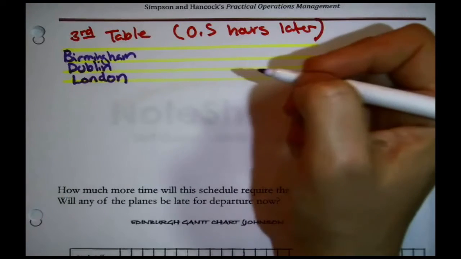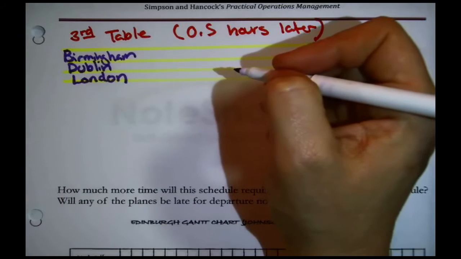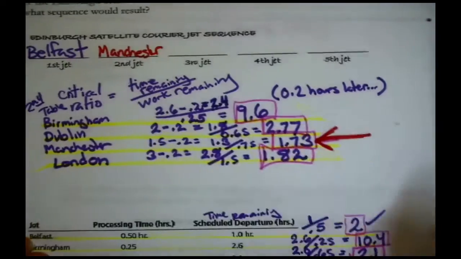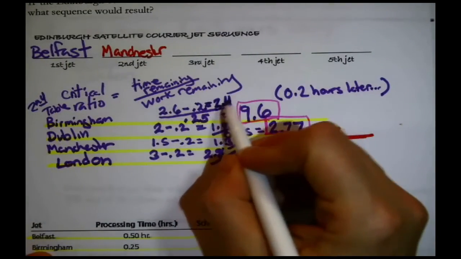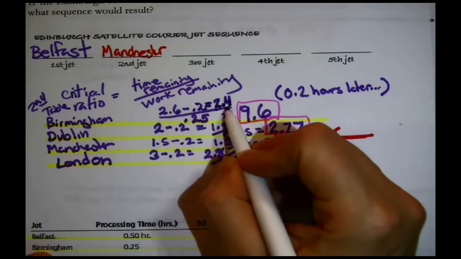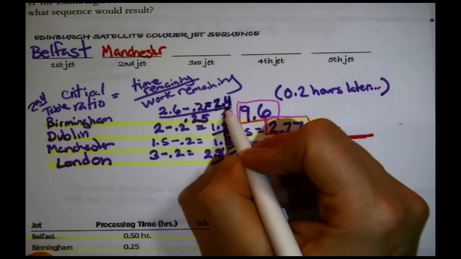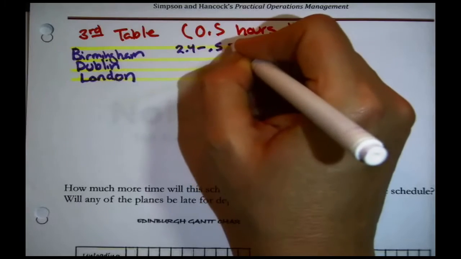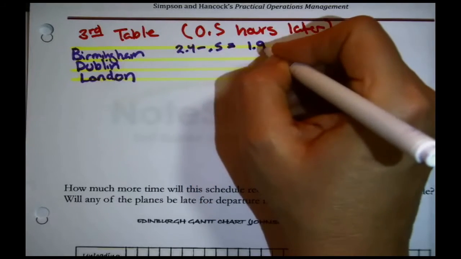Let's see, in the case of Birmingham, the last time we were looking at that numerator, there was 2.4 hours until Birmingham was set to leave. We made a decision and now it's a half hour later. So I take that 2.4 and I subtract out that half hour. Now it's like a countdown.